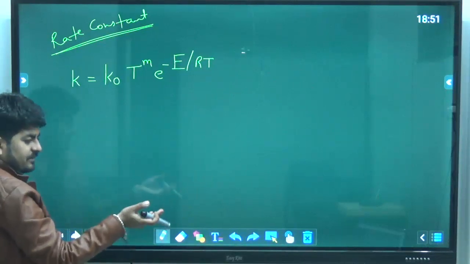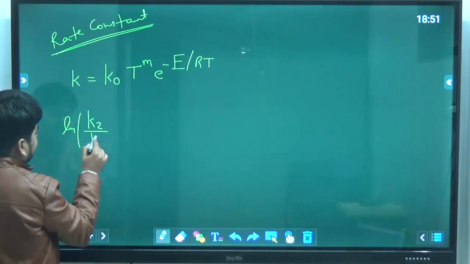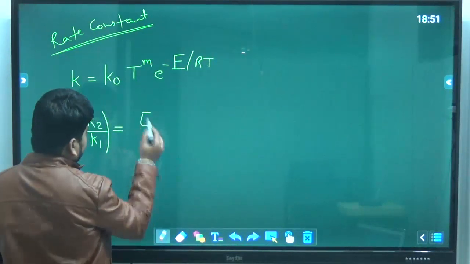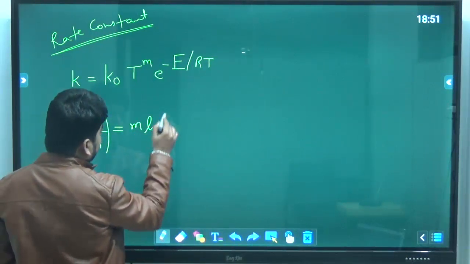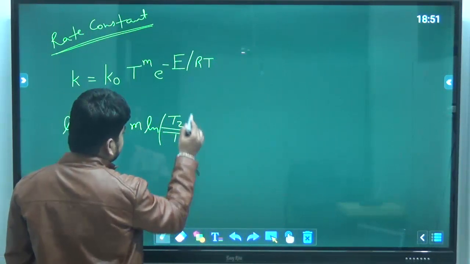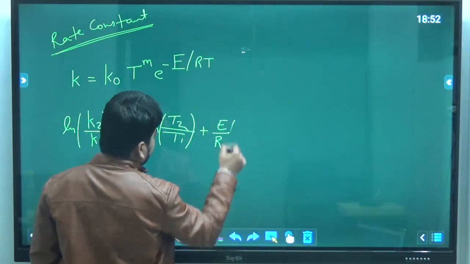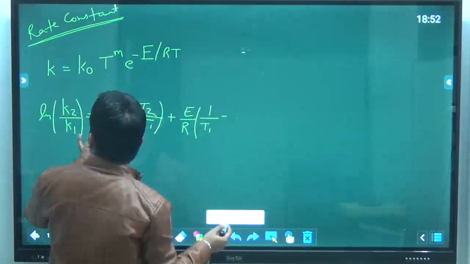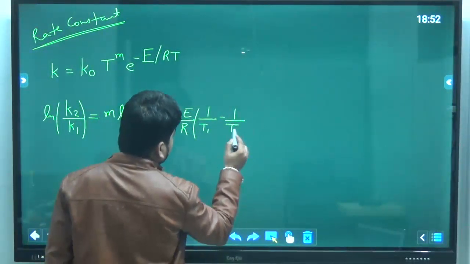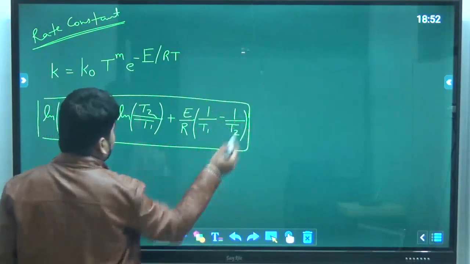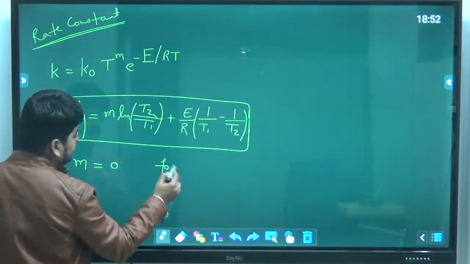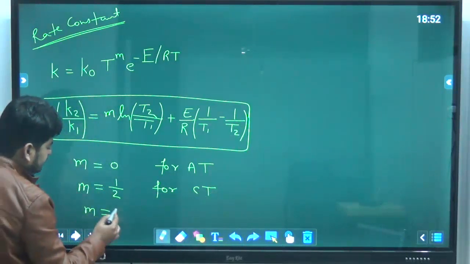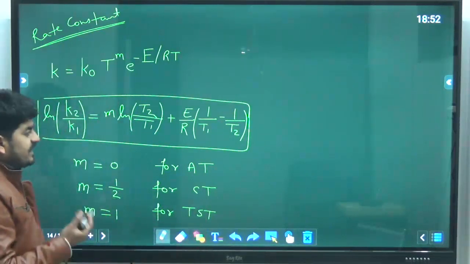If you take the log at different temperatures, you will get ln(K2/K1) is equal to m times ln(T2/T1) plus E/R times (1/T1 minus 1/T2), where m is equal to 0 for Arrhenius theory, m is equal to 1/2 for collision theory, and m is equal to 1 for transition state theory, where E is the activation energy.